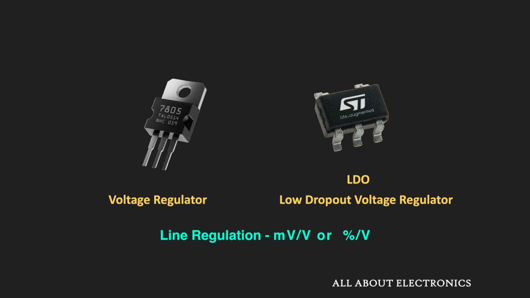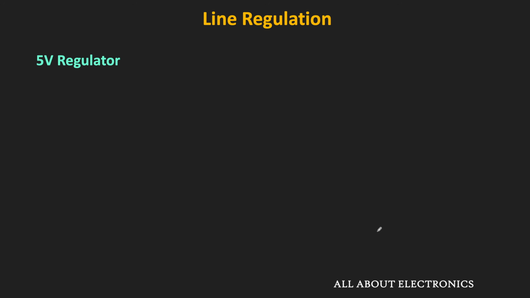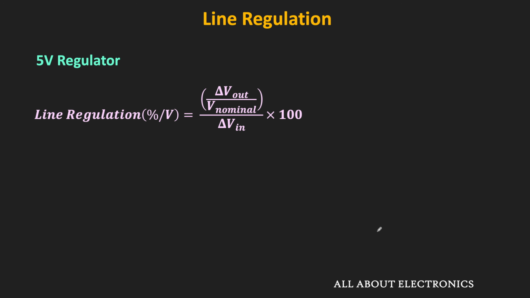And in such applications, many times a very tight tolerance is required. So in such applications, this line regulation is mentioned in the millivolt per volt. So we have already seen how the line regulation is represented in the millivolt per volt. But similarly, many times this line regulation is also represented in the percentage per volt.